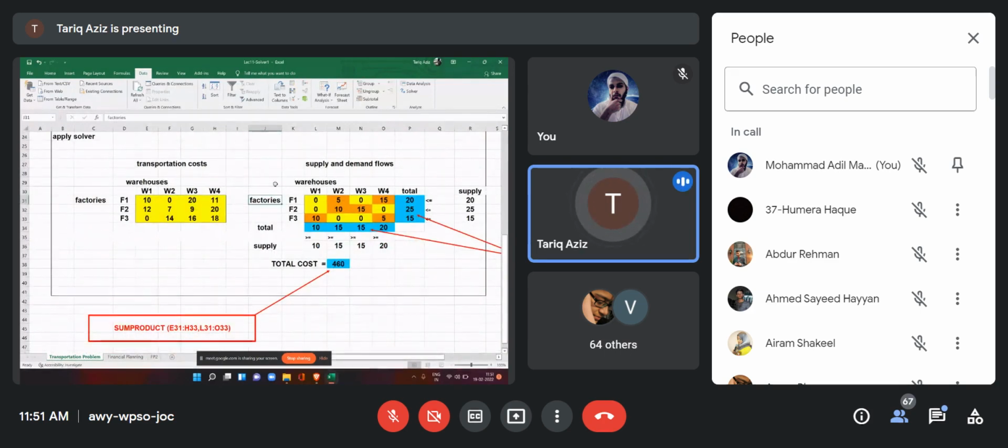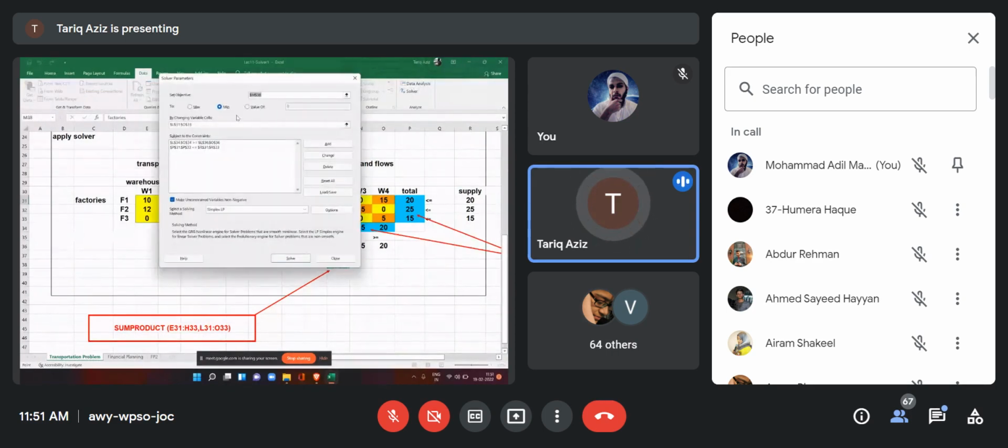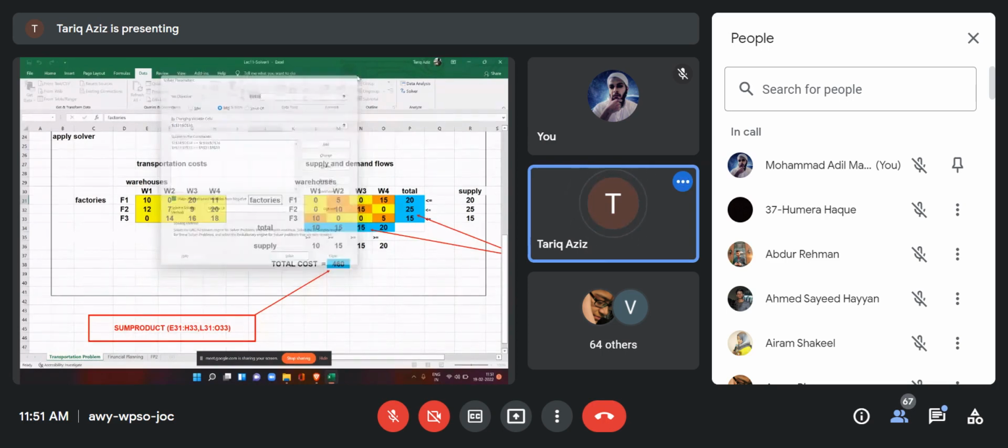But every linear programming problem can be solved using this Solver function, because in Solver we can maximize or minimize, and we can specify the constraints, whatever they are: non-negativity, more than this, less than this. After specifying these constraints, we can solve that problem.